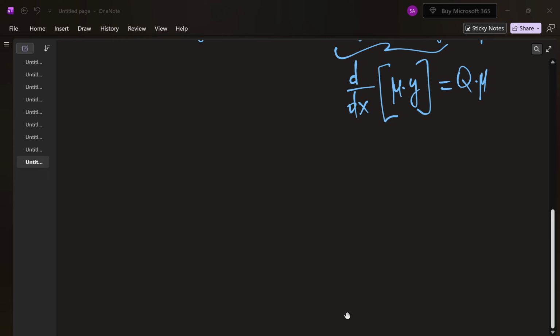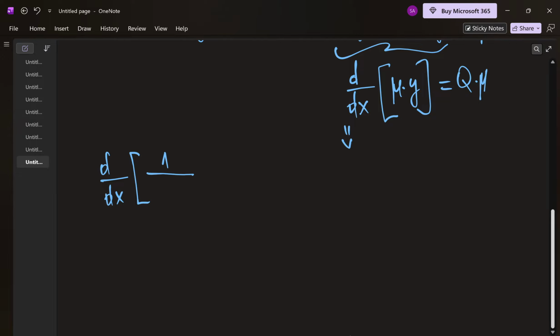So let's integrate. So this is equal to, this is actually dx of, what is the integrating factor? It is 1 over the square root of 1 minus x squared. And this is y.